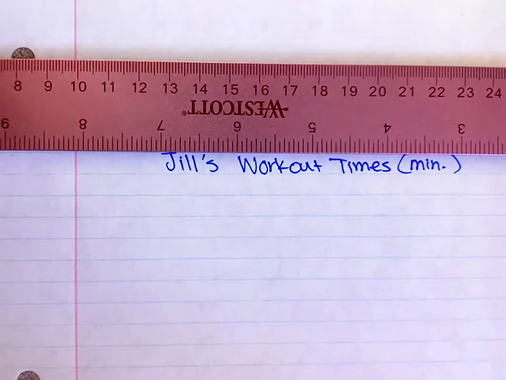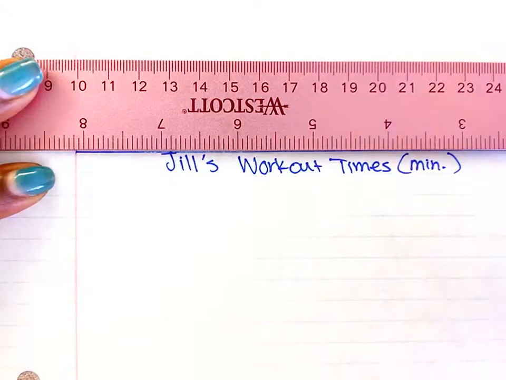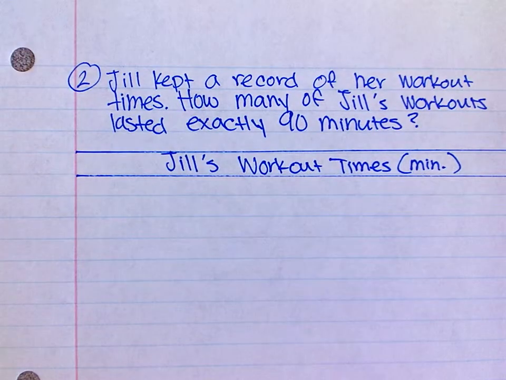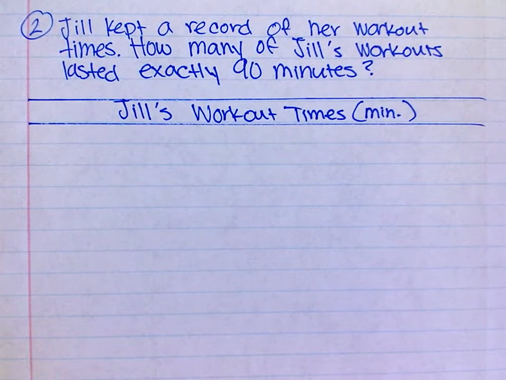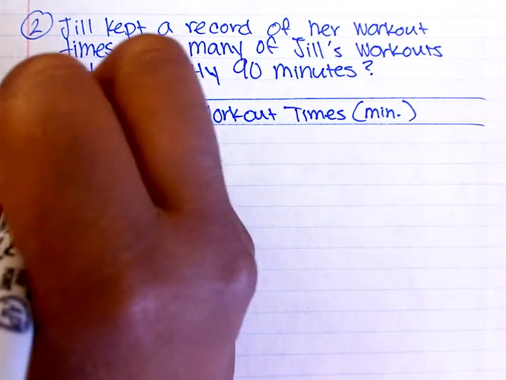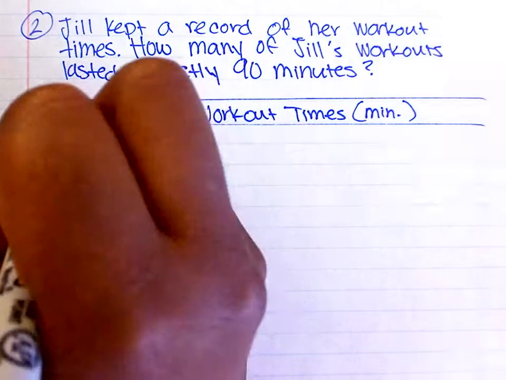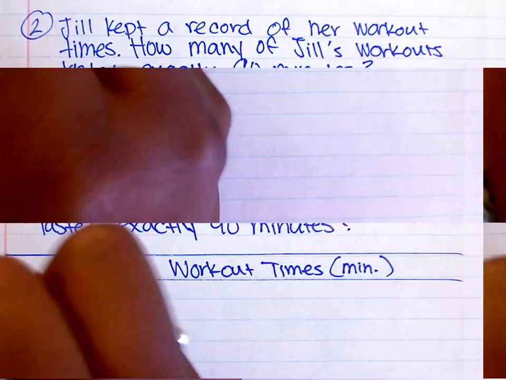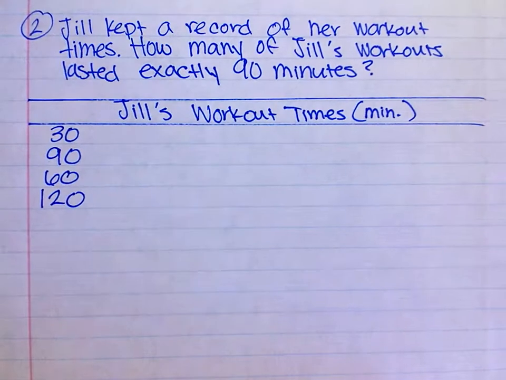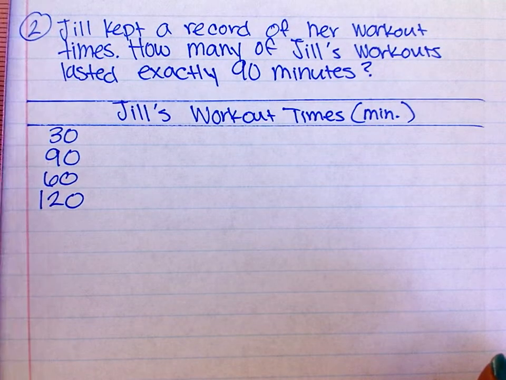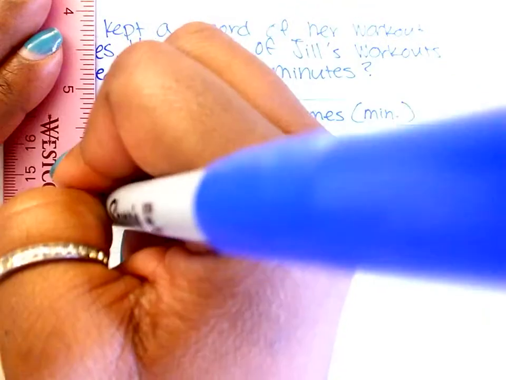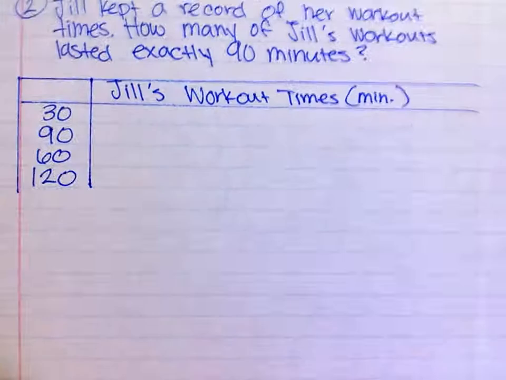So I'm gonna draw my lines. We have Jill's workout times. So let's do it a little easier. Let's write the first column of numbers, 30, 90, 60, and 120. That way, we already know where our column's gonna be. So let's just do the numbers first.